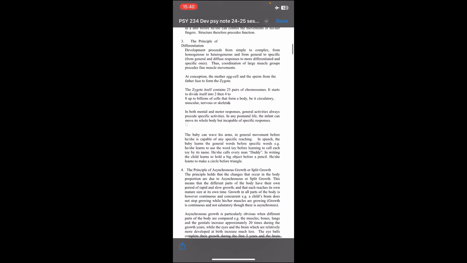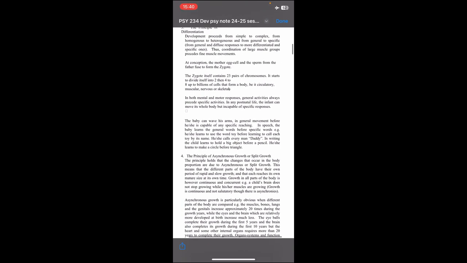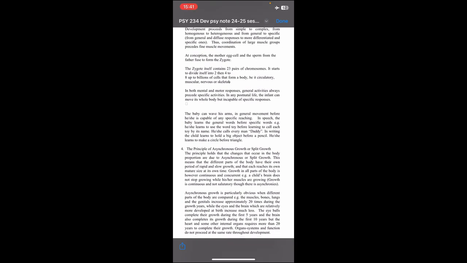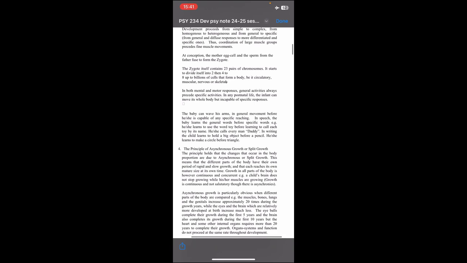In both mental and motor responses, general activities always precede specific activities. In postnatal life, the infant can move its whole body but is incapable of specific responses. Meaning, when the baby is born, the baby can move around, but you can't tell the child to point one finger or three fingers or write a note because he's not yet able to make those specific functions.